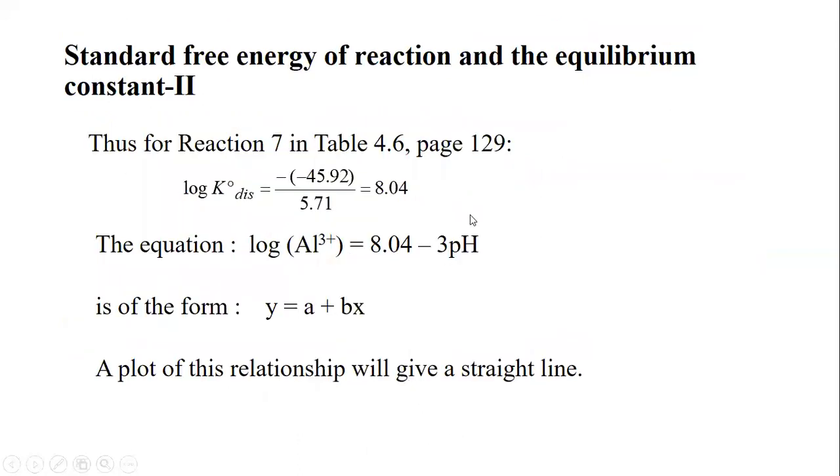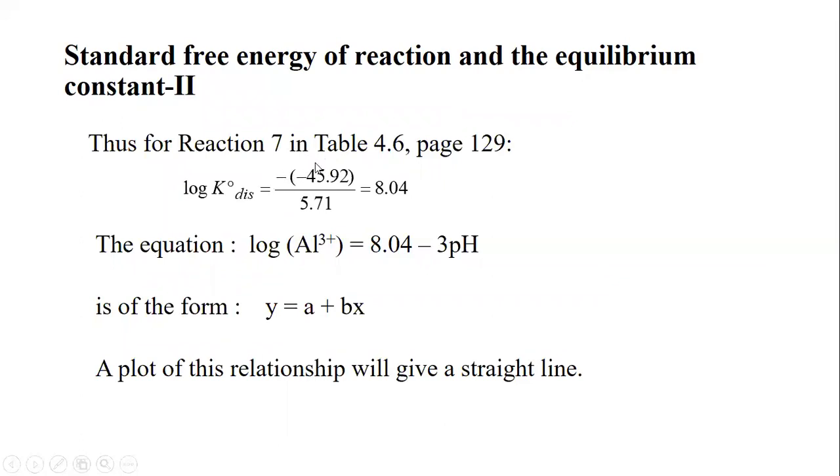So now we go back to how to calculate the standard free energy of reaction and equilibrium constant for reaction 7 in table 4.6, page 129. Log K0 of the solution, we calculated delta G0 for that.